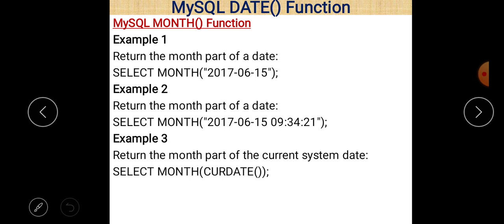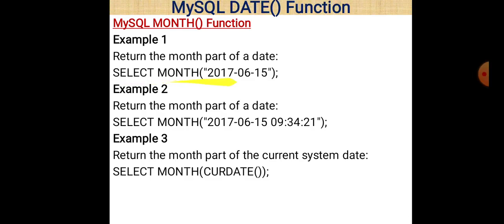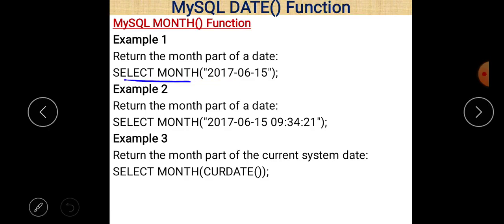Example number 1, return the month part of a date. So just write select month, and then give any date in a valid format. So the format is 2017-6-15. Obviously we know that the default format is year, month, and date.